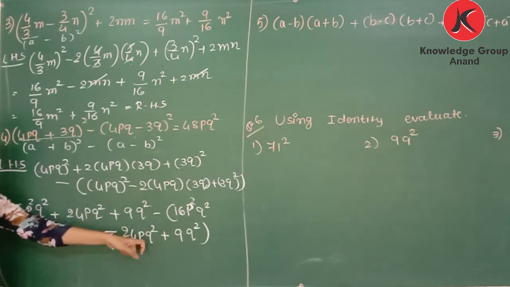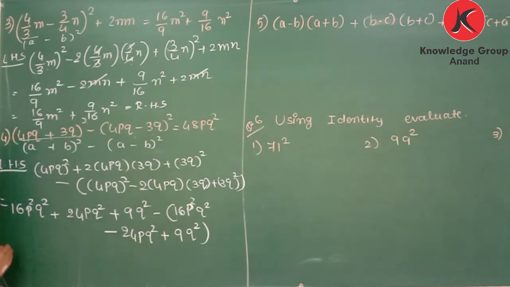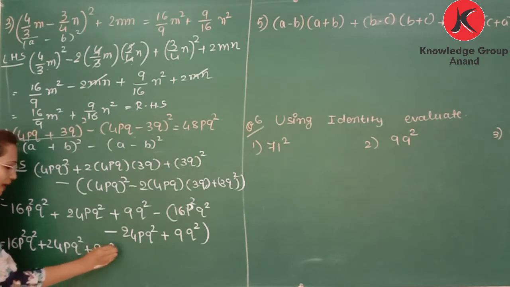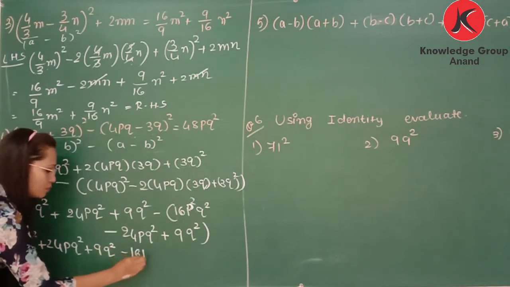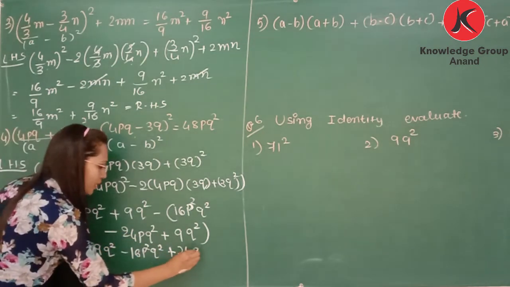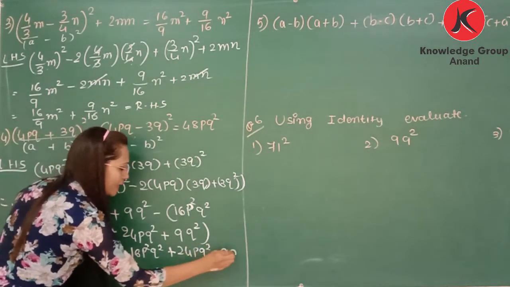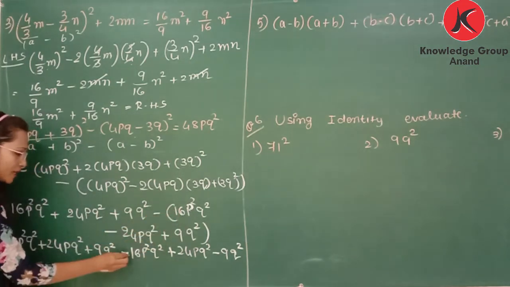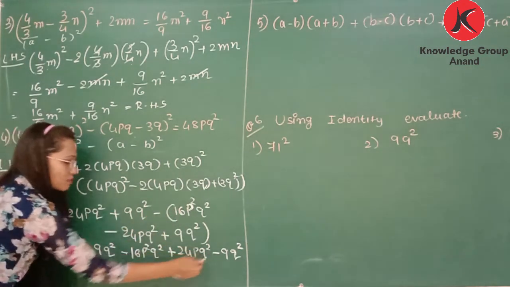So whenever we open the bracket, all signs inside the bracket will change. So it is 16p square q square plus 24pq square plus 9q square minus 16p square q square plus 24pq square minus 9q square. This is plus become minus, minus become plus and plus become minus.